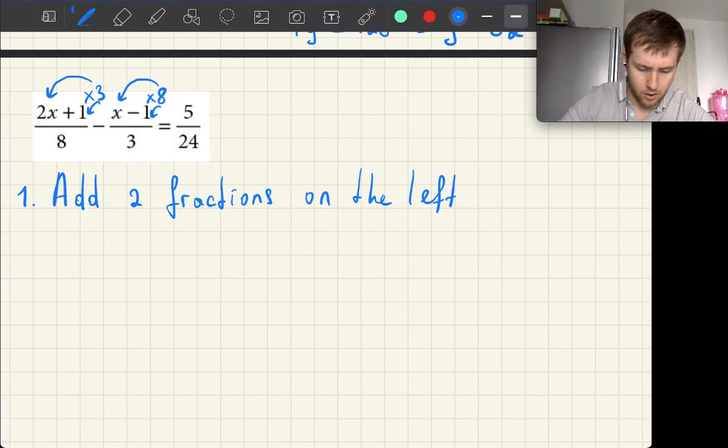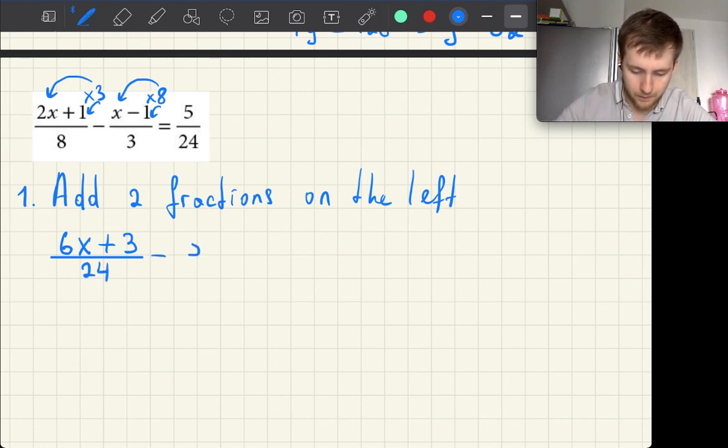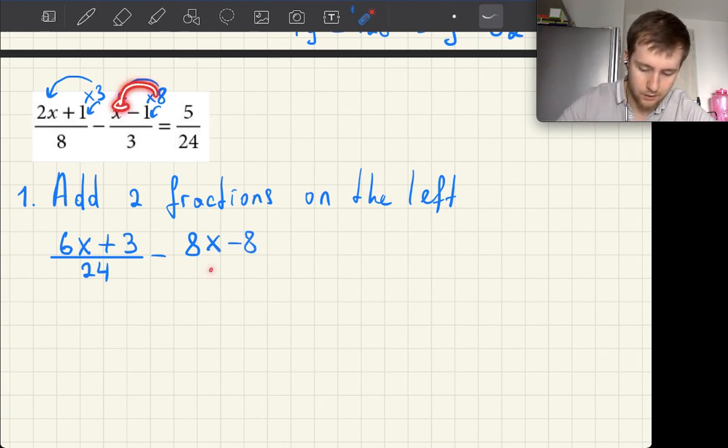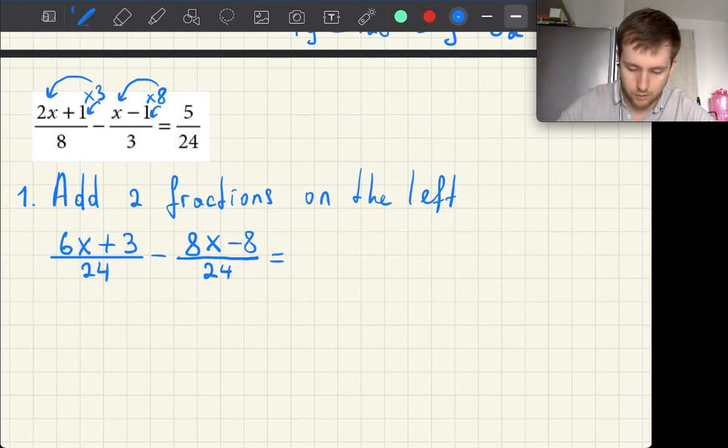We're going to have (6x + 3)/24 minus (8x - 8)/24 equals 5/24. 8 times x is 8x, and 8 times minus 1 is minus 8.